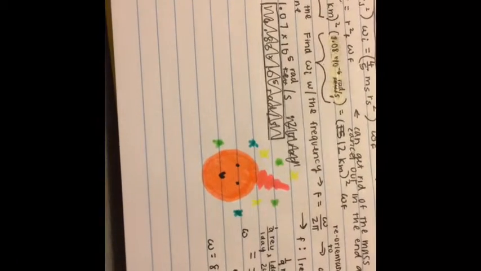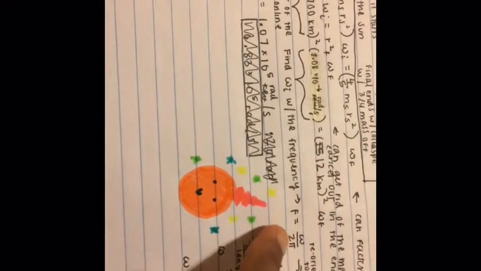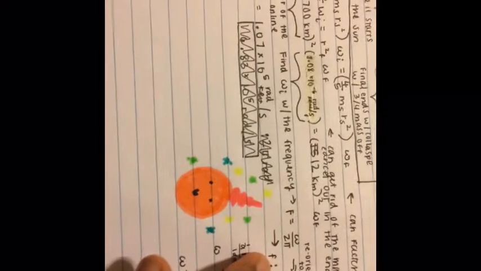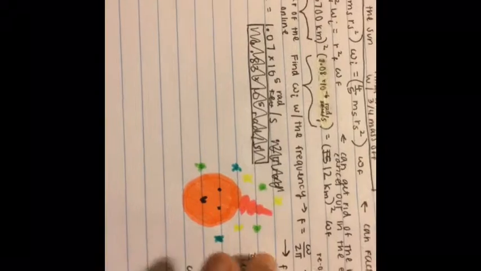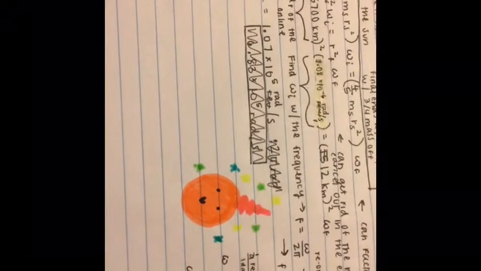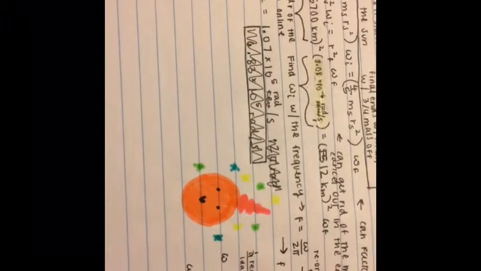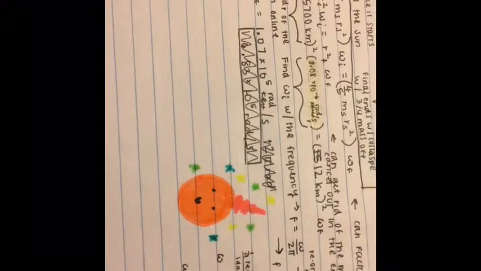How I got that was, in our textbook, we are given that frequency equals angular velocity over 2 pi. In our previous units, we've seen it as 1 over T. So if we reorient that equation, we get angular velocity equals frequency times 2 pi. When we do that, we get this equation right here.